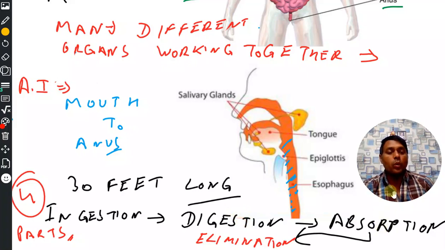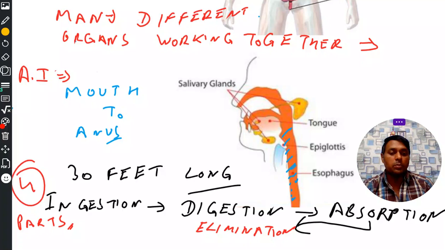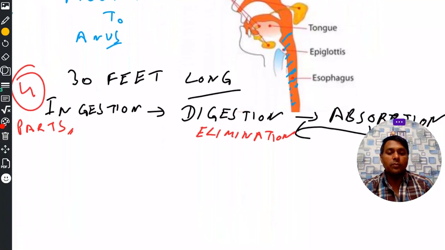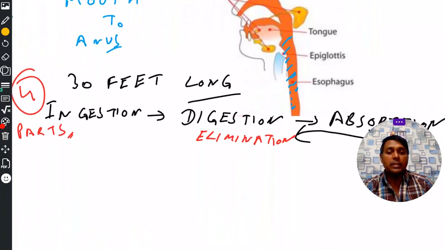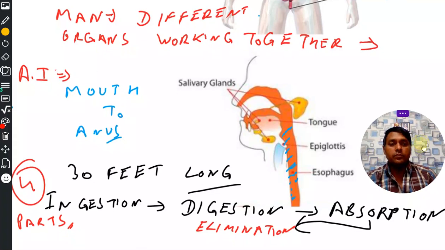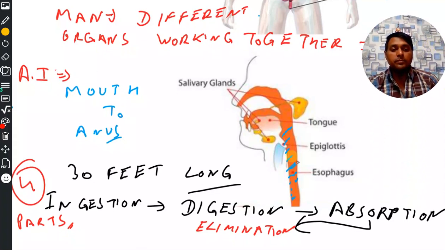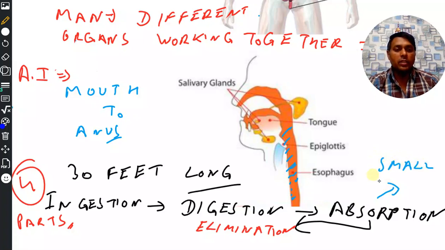Then absorption, where does it take place? Any guesses? Absorption takes place in the small intestine.